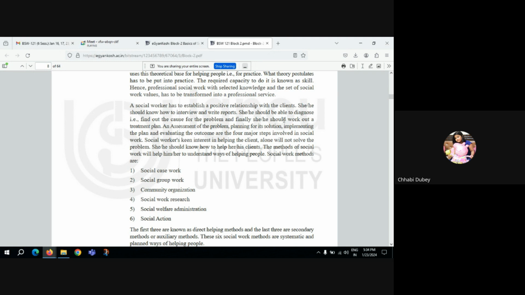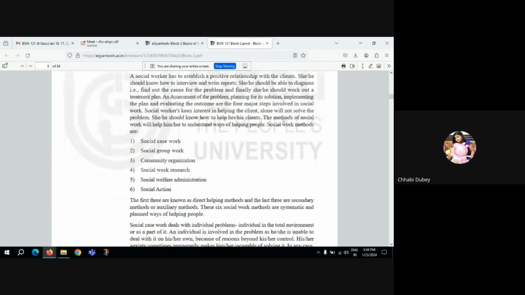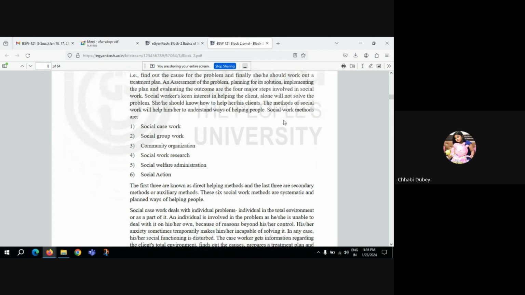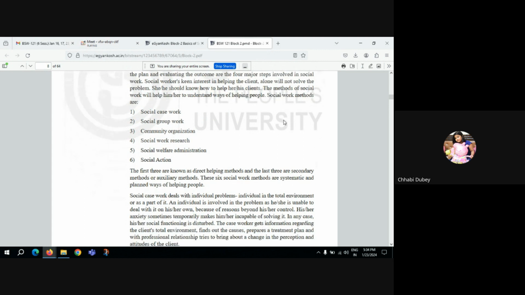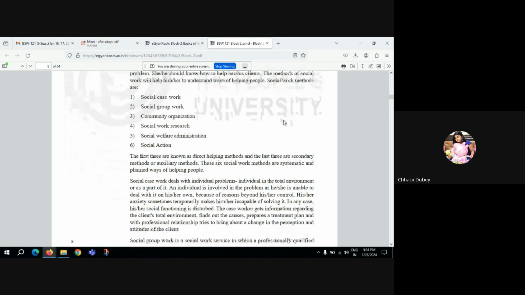The last three methods, namely social work research, social welfare administration, and social action, are known as the secondary or auxiliary methods of social work. These methods are planned in a very systematic manner, and their main objective is to help individuals, groups, and communities at large.